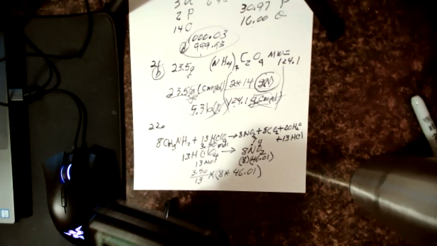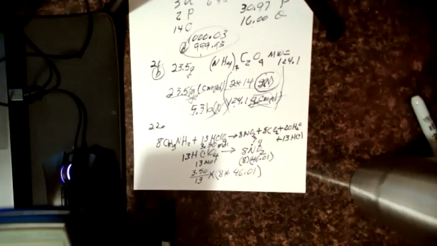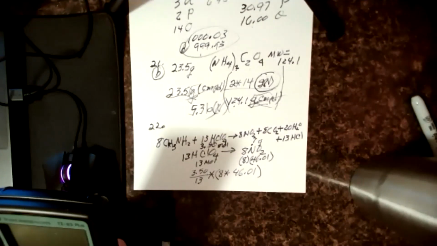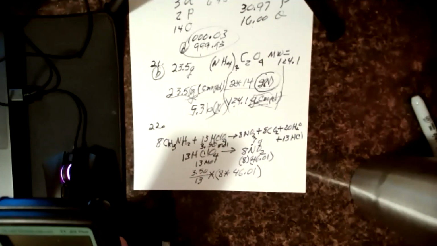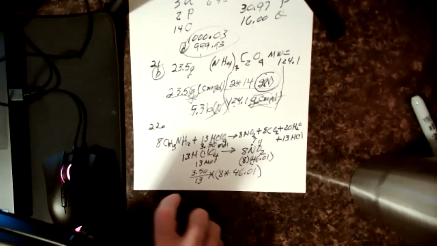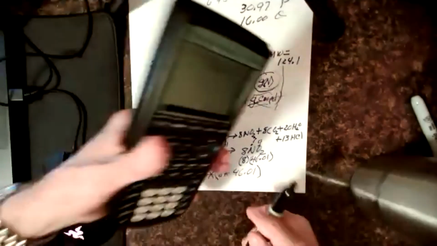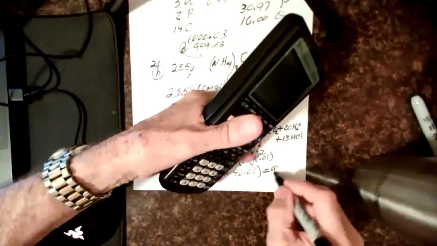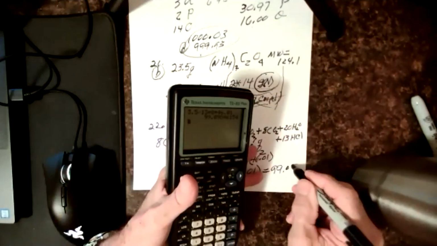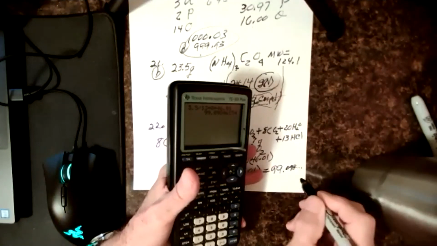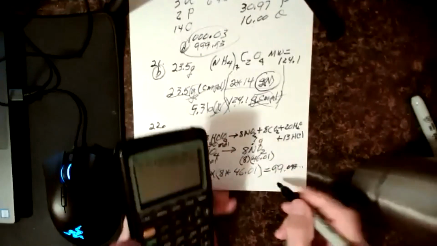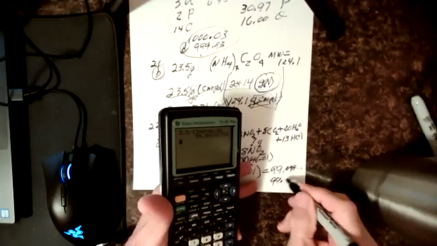So I'll clear my calculator screen. Okay, 3.5 divided by 13 times 8 times 46.01. The answer is 99.098 and a whole bunch of other digits, and it would round off to 3 significant figures, which is what I had in my problem, to 99.1.